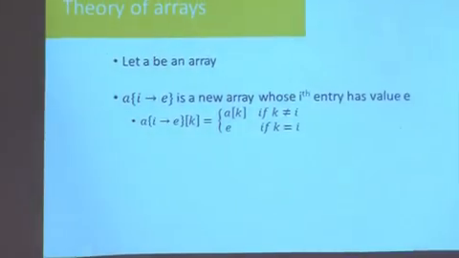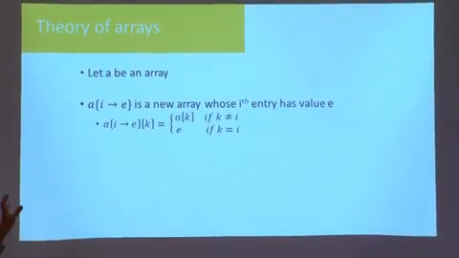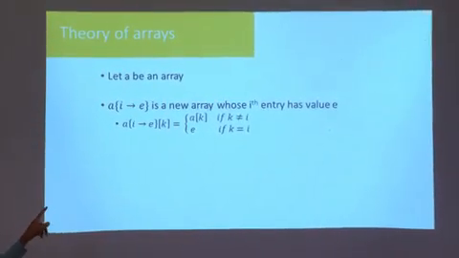The idea is, if A is an array, there's some notation to say, take that array and create a new array where location I has been updated to value E. So if I have array A, and I do this update operation, and then I try to read the value at K, then the meaning is that the value at K is going to be equal to the value at K in A if K is different from I, and it's going to be equal to E if K is equal to I. That's what updating an array means. That's what it means to take an old array and update it to be a new array.